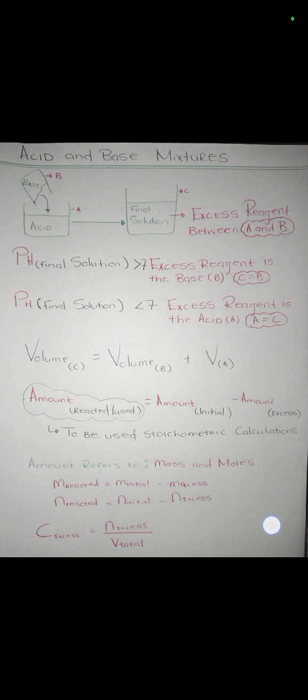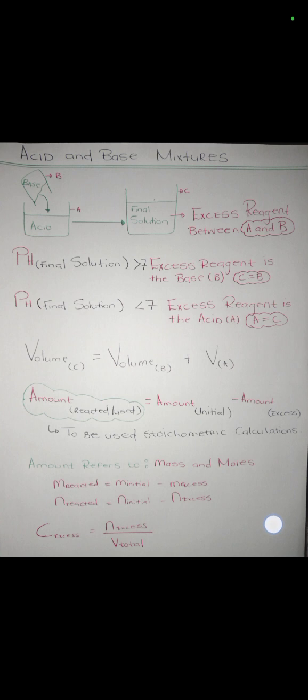Now, what happens? A lot of people will quickly assume that if an acid is reacted with a base, the final product will be acid plus base. It's not the case. The final product is not acid and a base. The final product is acid or base.